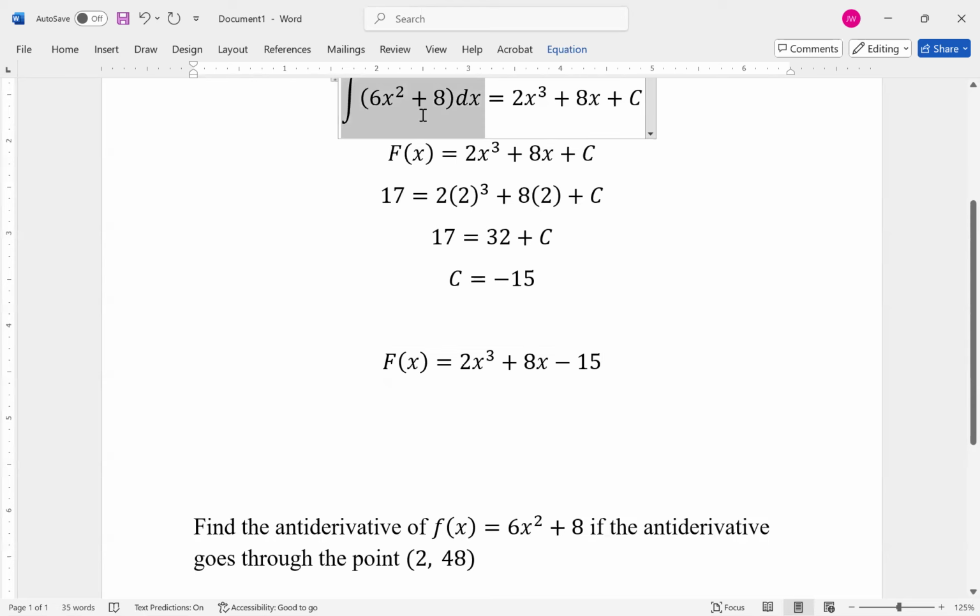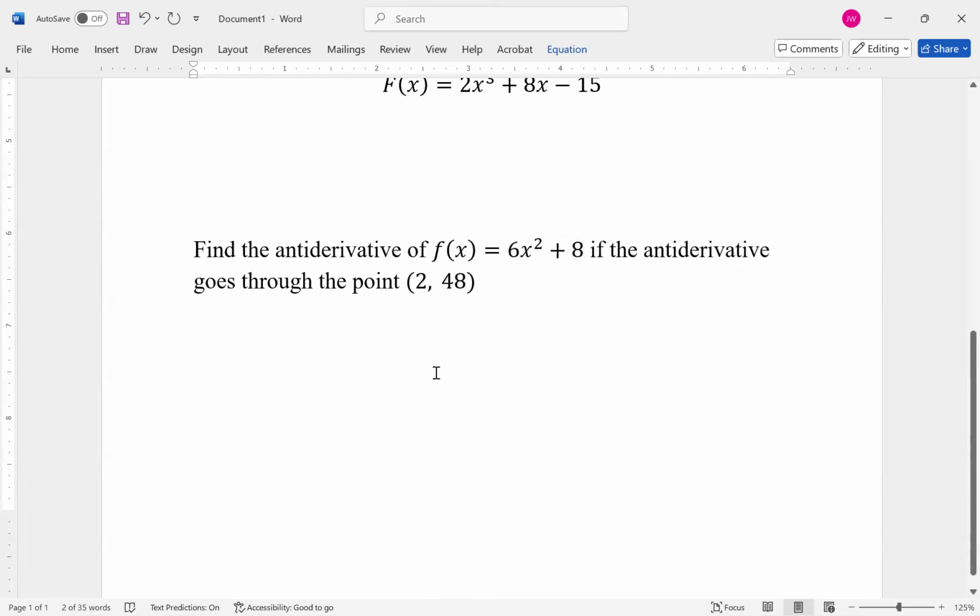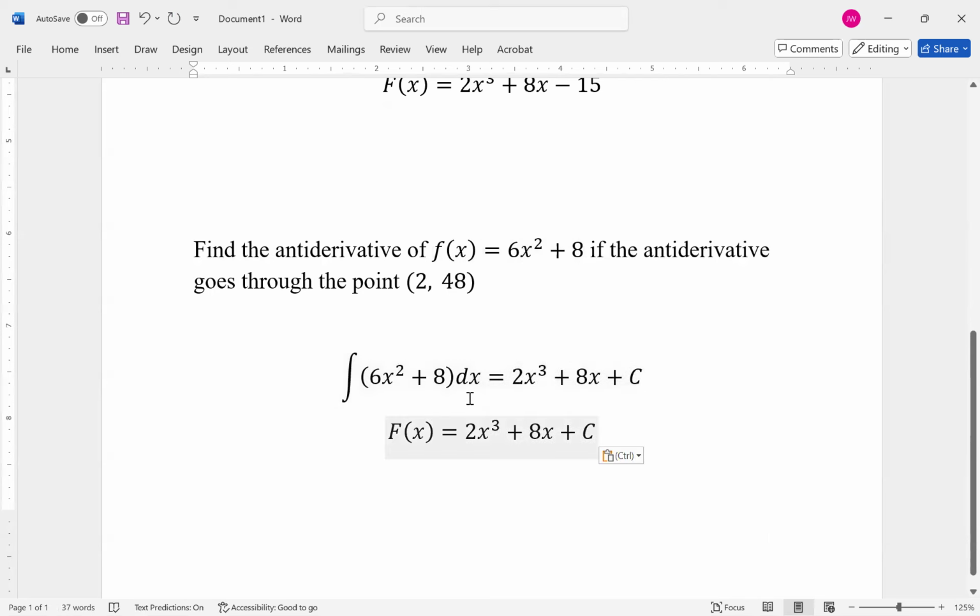Now, at least the first part of this would be repeated for this next question. The next question says, what if instead of going through the point (2, 17), my antiderivative was supposed to go through the point (2, 48)?